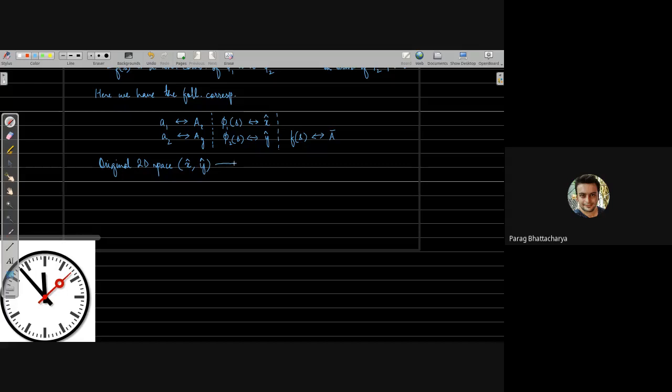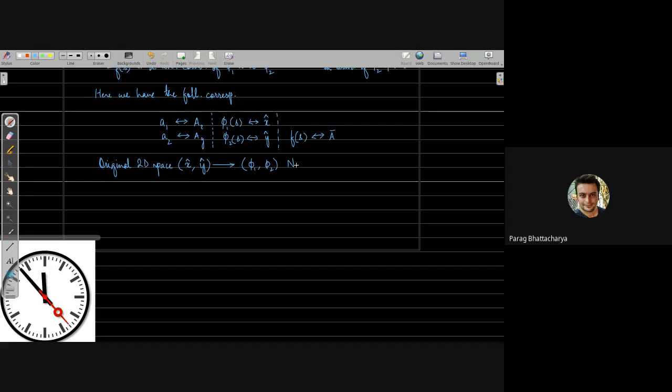Then from this original two-dimensional space, we now go to a new two-dimensional space. Instead of x cap and y cap, we go to this new two-dimensional space, which is phi1 and phi2.